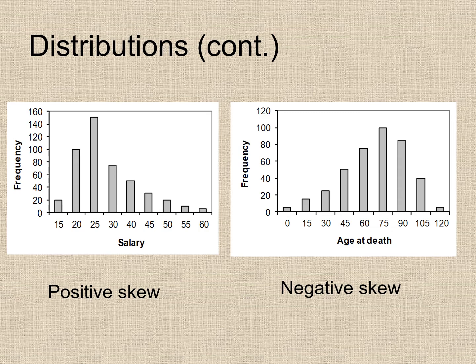So in a positively skewed variable, the difference between the most common value, the mode, the peak of the curve, and the lowest value is smaller than the difference between the peak and the highest value. Then we have a positively skewed variable like this.